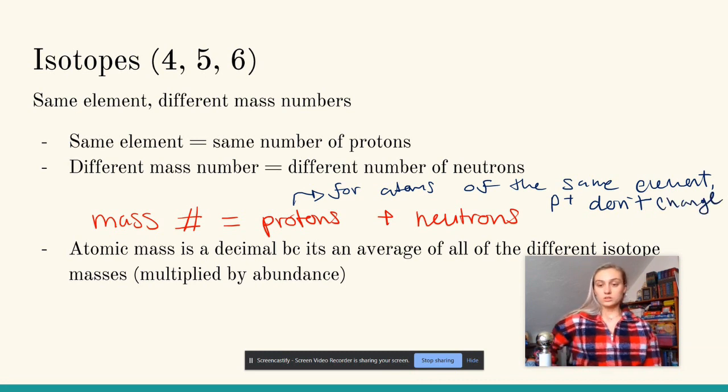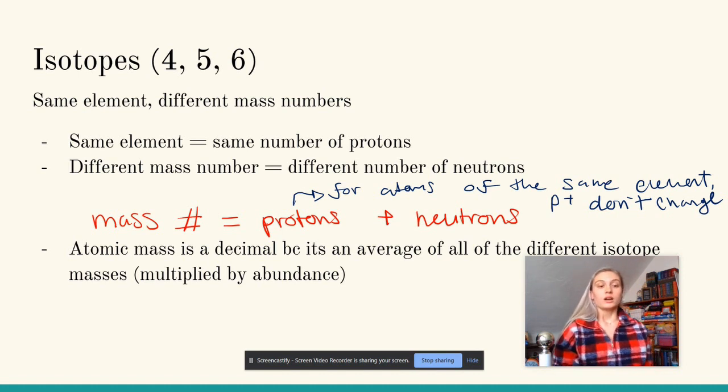Okay, so if we have the same element and the mass number is different, we know the protons are not changing because we just wrote this. So it must be the number of neutrons that is changing.